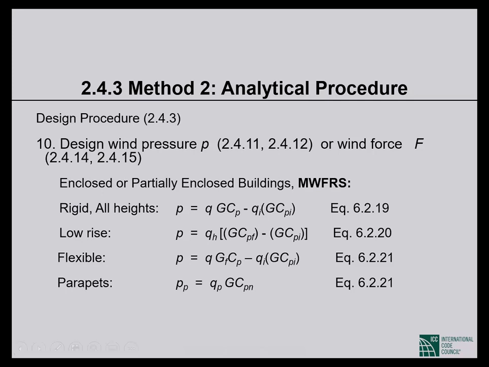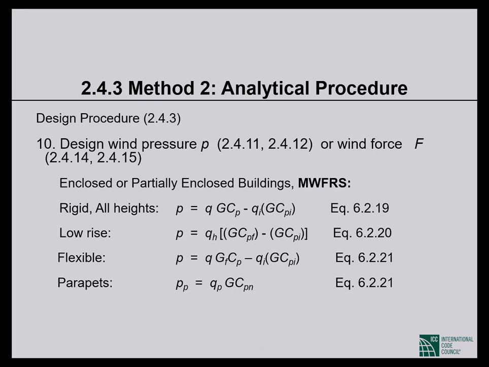Q, the velocity pressure, that is the 0.00256 V squared. Q sub Z, Q sub the topographic effect factor, K sub ZT times K sub D times the importance factor.